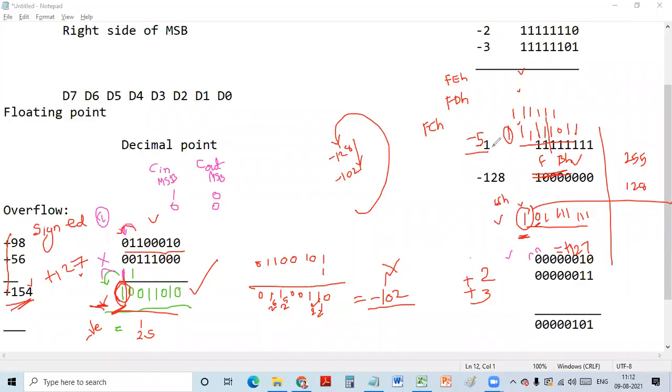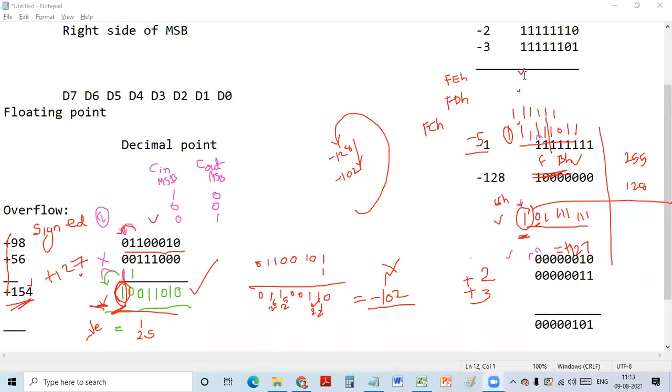And in this case, -1 and -128. See, if you observe 1, 1, here 1. We got a carry out, but there is no carry in. Right? So we got a carry out, but there is no carry in. In this case, -2 and -3.